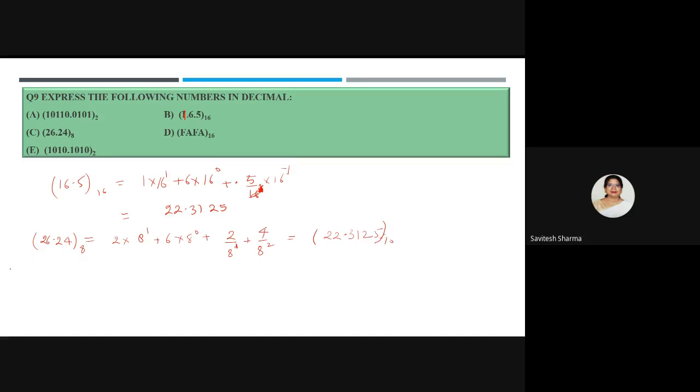Next is FA, base 16. So A, you know it is 10, so I will write 10 here. F is 15, I will write 15 here. For calculation, we have to convert this alphabet into the number.